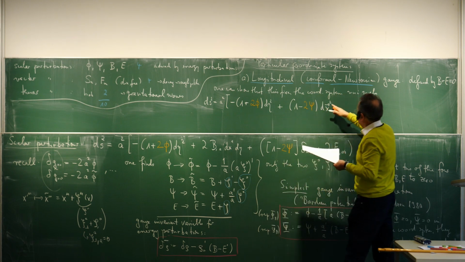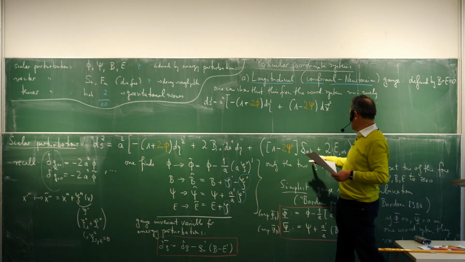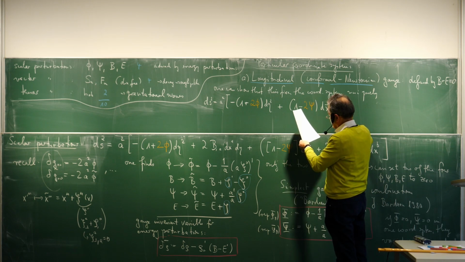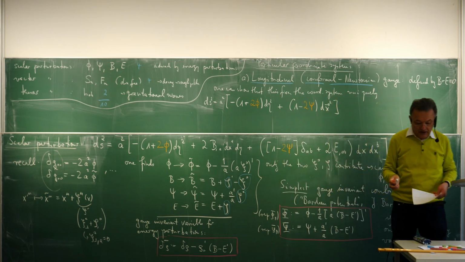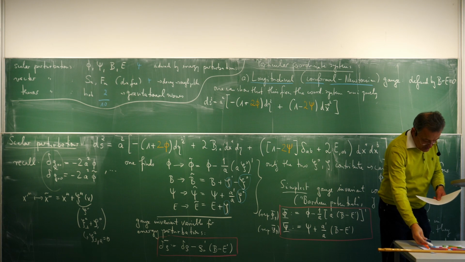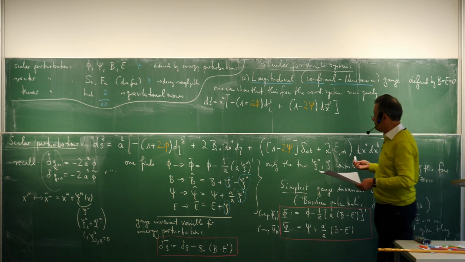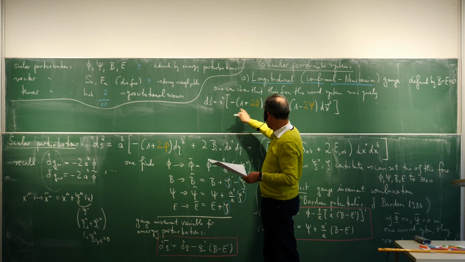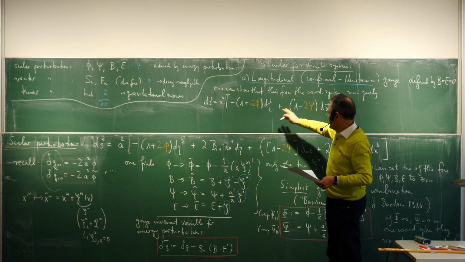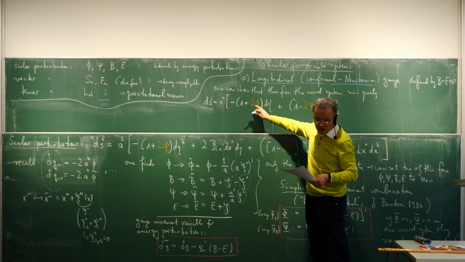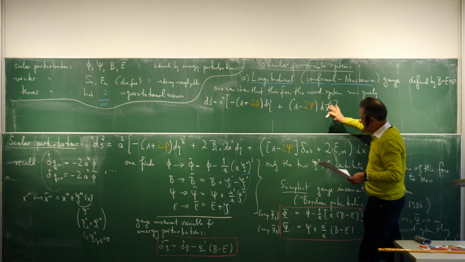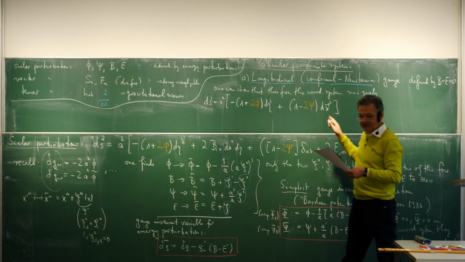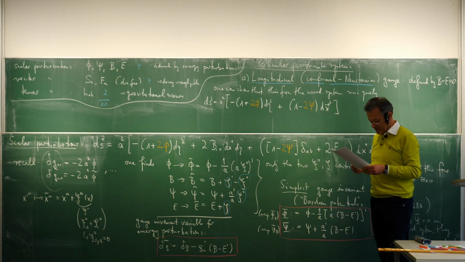Now d vector x squared is just a shorthand for delta_ab dx^a dx^b. So this is what is left, and you see why it's called conformal Newtonian, because it has this conformal factor, and otherwise this is the Newtonian potential. At least in linearized gravity, in the lecture course we have shown that this is the correct form.